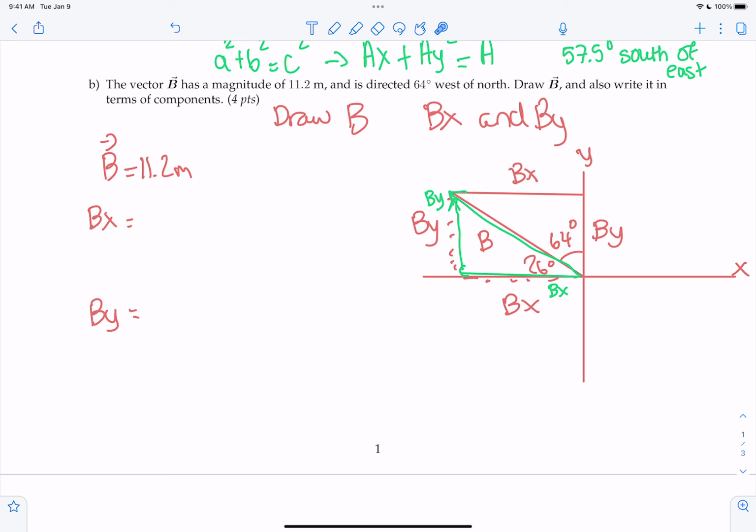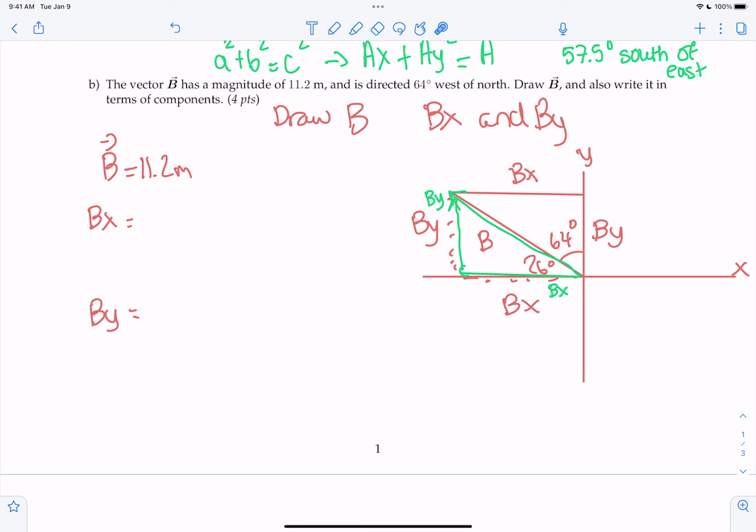If you wanted to figure out by, you would use the sine function, because this is opposite the angle here. However, if you wanted to figure out by using the 64-degree angle, you're going to be using cosine because it's adjacent. So as long as all the trigonometric functions match up, either way is perfectly fine.